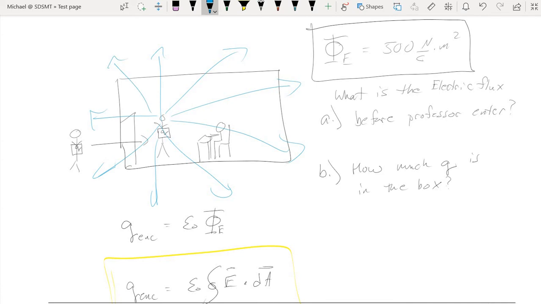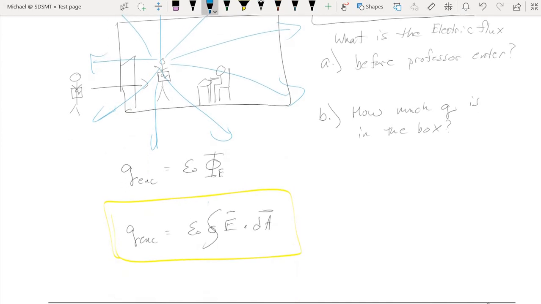And so there will be a net flux associated with the room. Well, I get so many people that focus on this part of the problem that they completely forget that they already know what it is. It's 500.